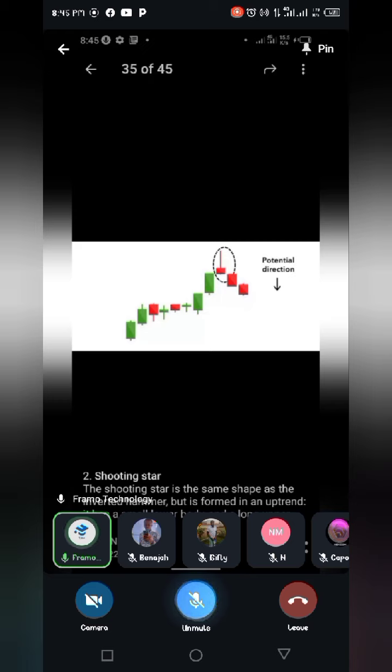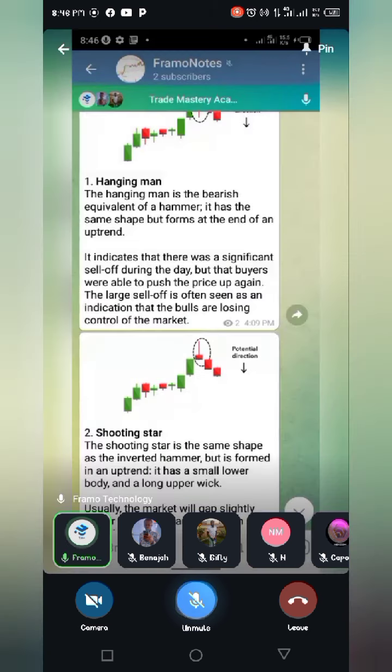You understand? Because we can explain it ourselves. If we can, I will give it as an assignment. So an inverted hammer forming at the top of an uptrend is a bearish pattern, but then we call it shooting star. Okay.